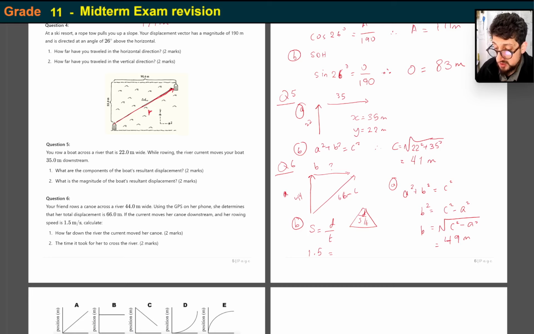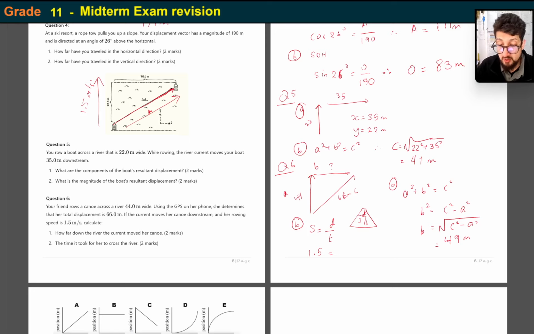And the way we solve this is by thinking about velocity. We have the velocity that's her rowing speed. If the current moves her canoe downstream and her current rowing. So we know that her velocity this way is 1.5 meters per second, but we don't know her velocity in this direction. We don't know what the actual speed of the river is, and we certainly don't know her speed across the resultant vector.